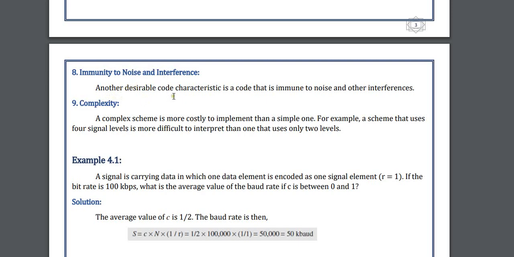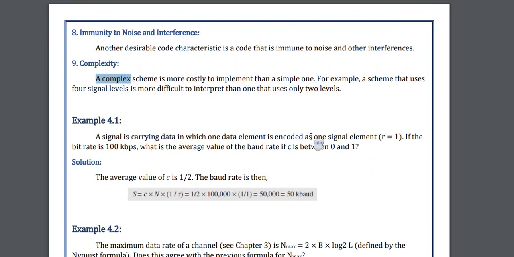Another desirable code characteristic is a code that is immune to noise and other interference. Now the important thing is complexity. A complex scheme is more costly to implement than a simple one. For example, a scheme that uses 4 signal levels is more difficult to interpret than one that uses only 2 levels.